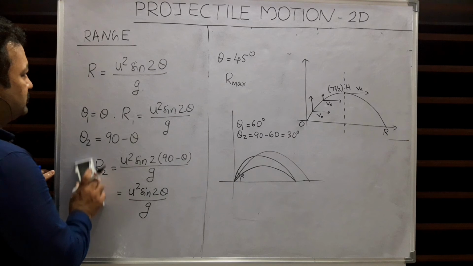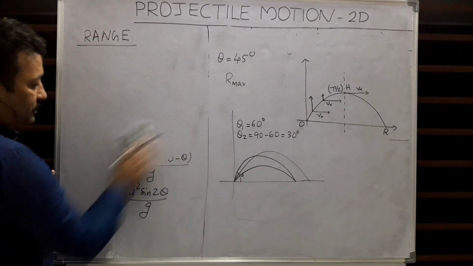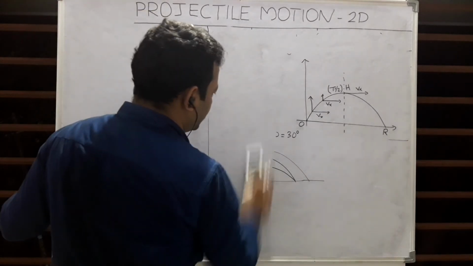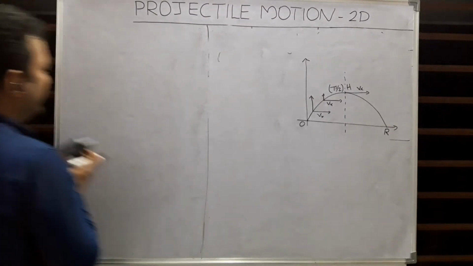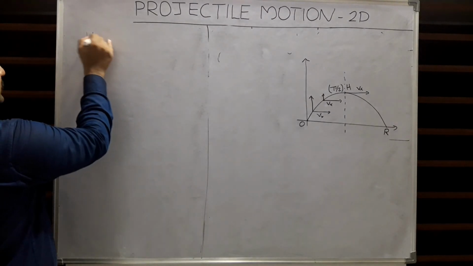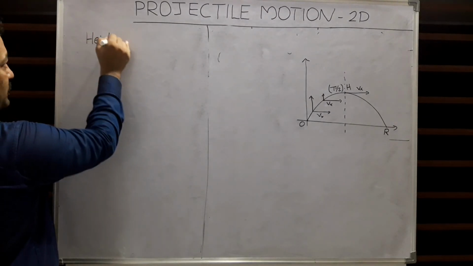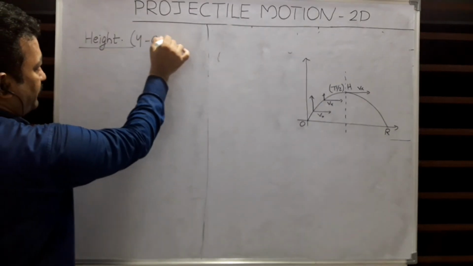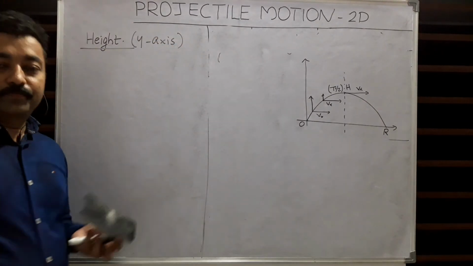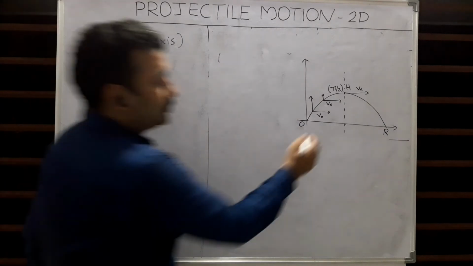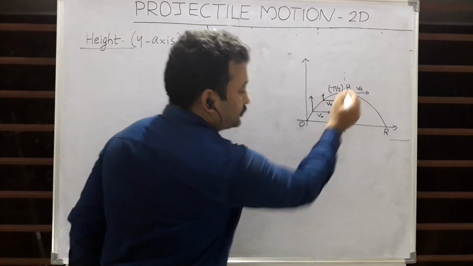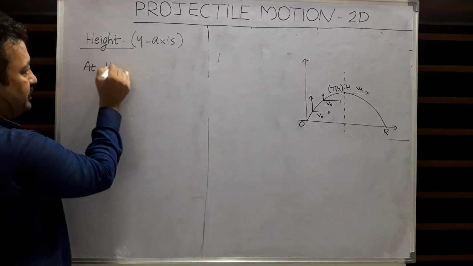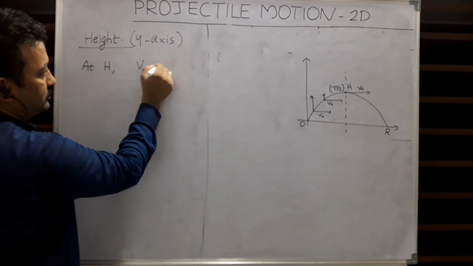Now the next concept is the height reached by the projectile. Height is obviously a y-axis problem. So when the particle reaches the highest point h, we have already seen Vy becomes 0.